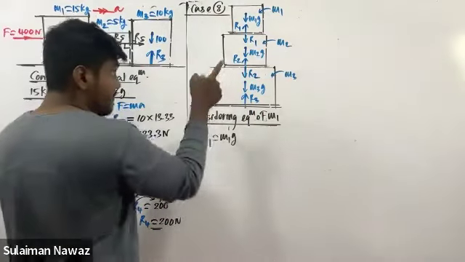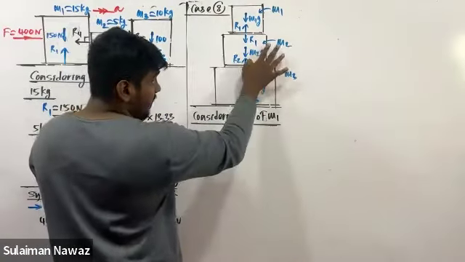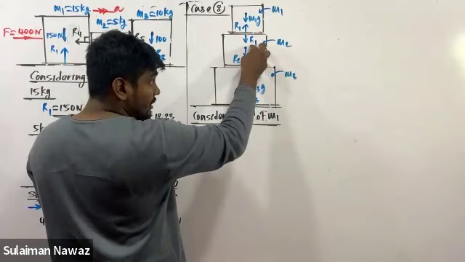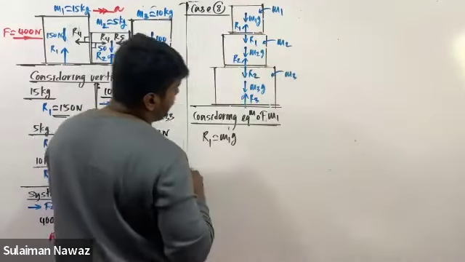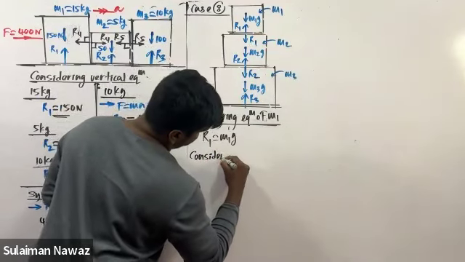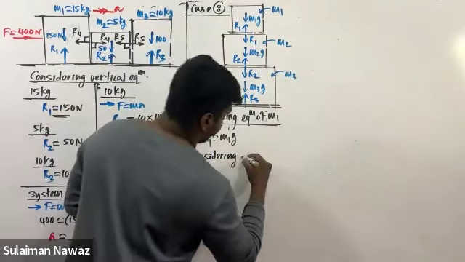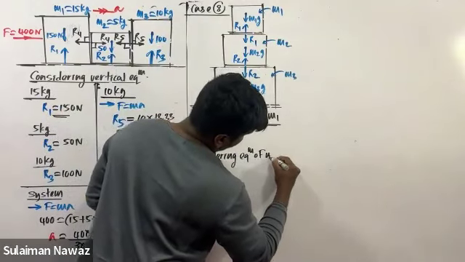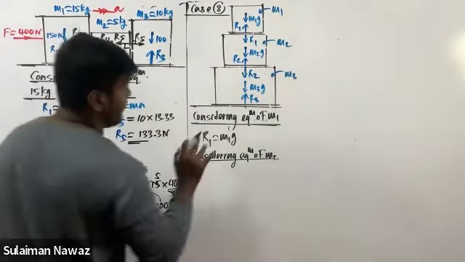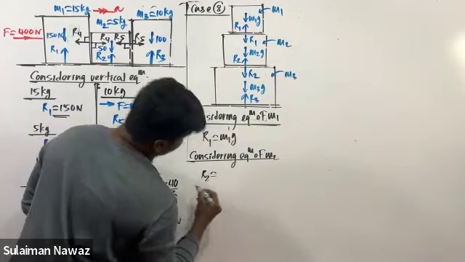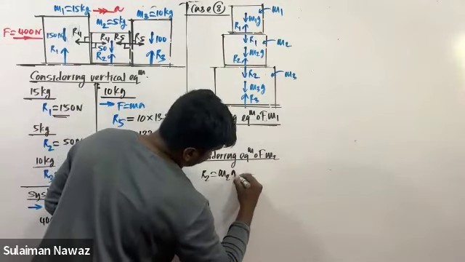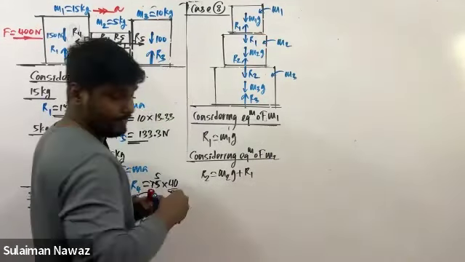Now, when you consider equilibrium of M2, you need to understand how many forces are on M2: R2 upwards, R1 downwards, M2G downwards. There are 3 forces on M2. Then R2 must be equal to the 2 downward forces, M2G plus R1.